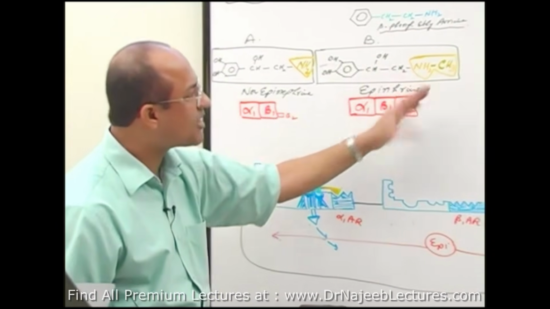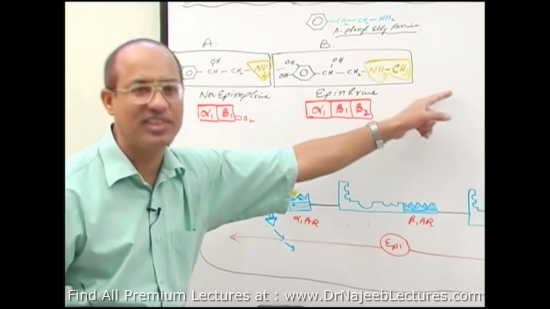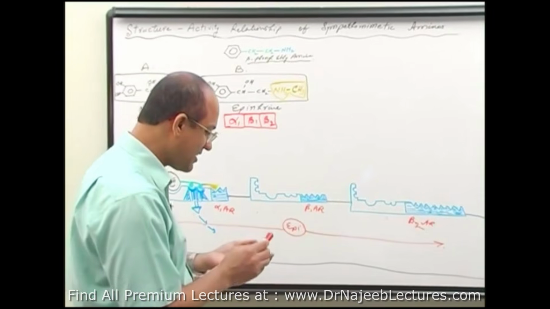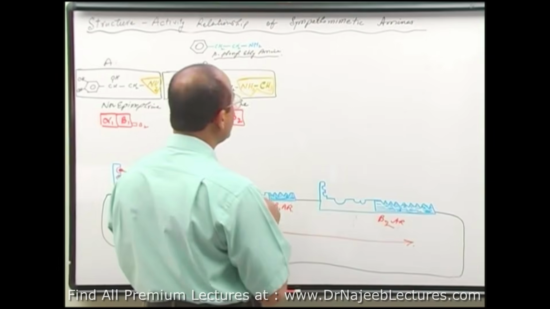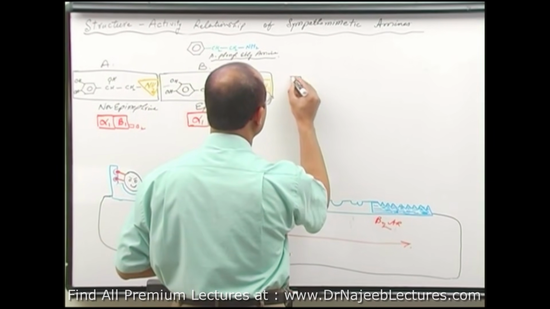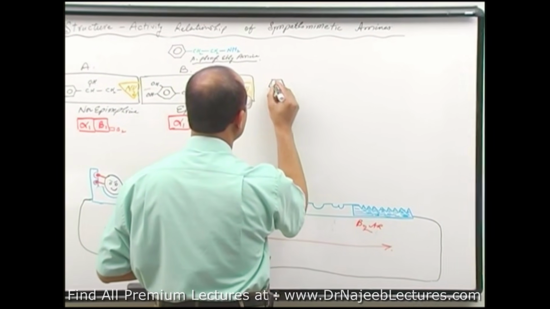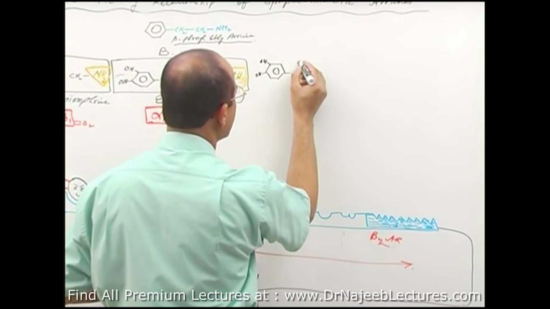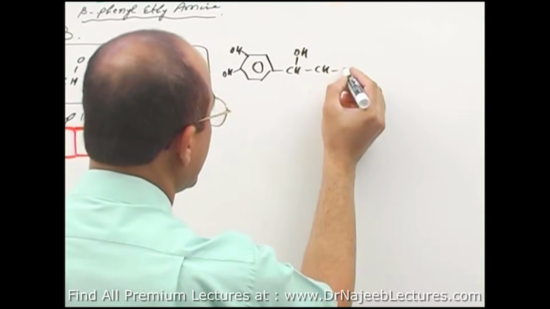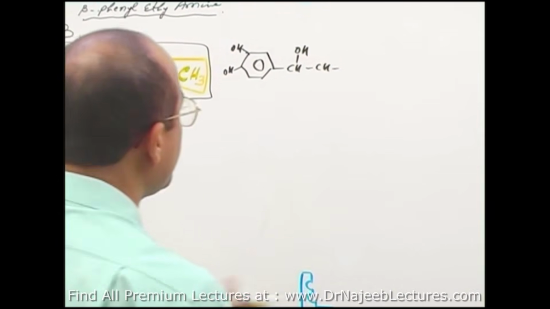Now let's produce another compound in which we make the amino end heavier. Right? Hydroxyl, and CHOH, CH and so on I put.